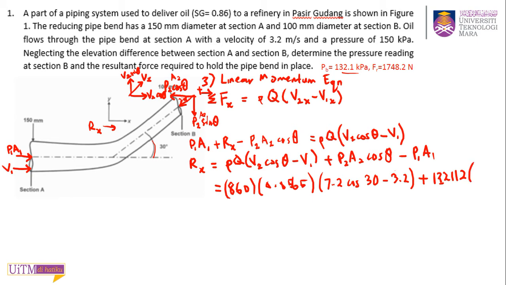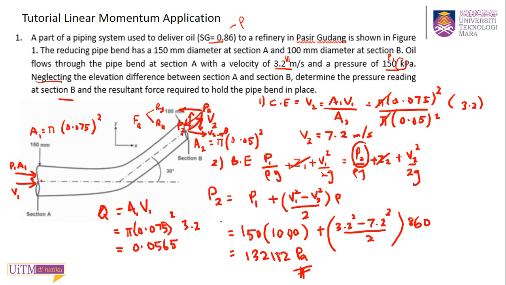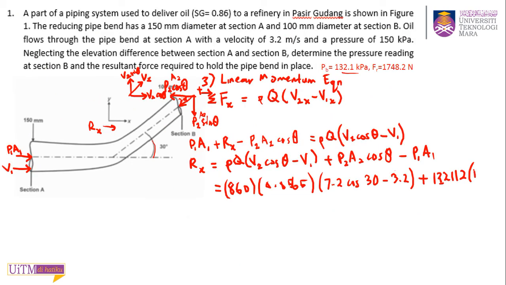A2 is pi times 0.05 squared, cos theta, cos 30, minus P1, they gave you the P1, 150,000.